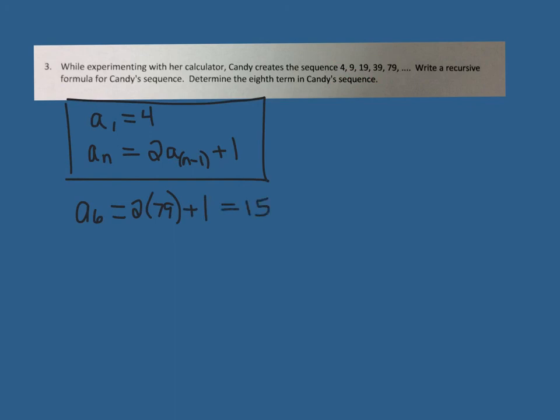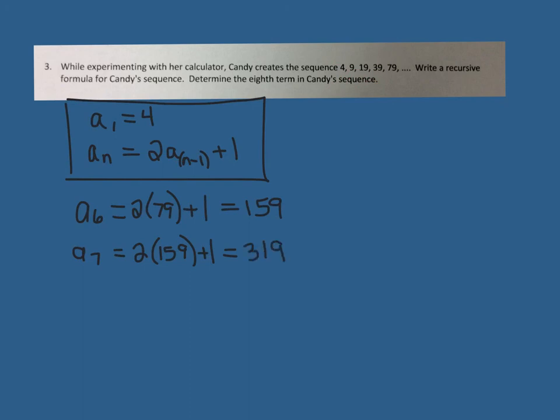So that's our 6th term. If we want to find our 7th term, we could do 2 times 159 and add on 1. 2 times 159 is 318, and 318 plus 1 is 319.